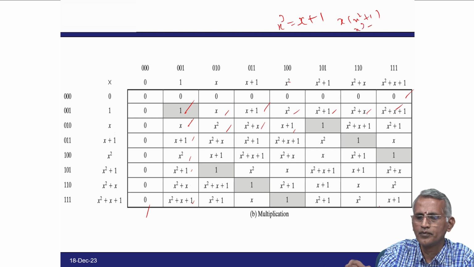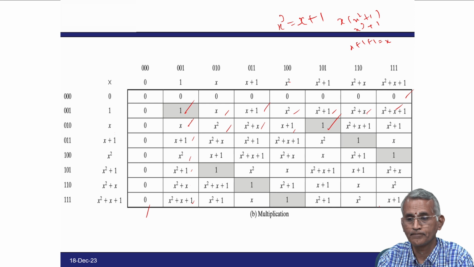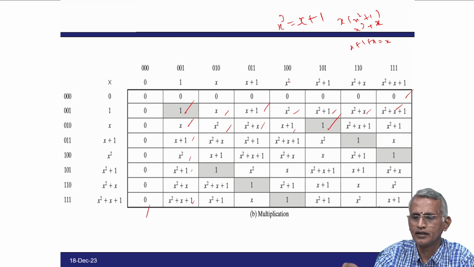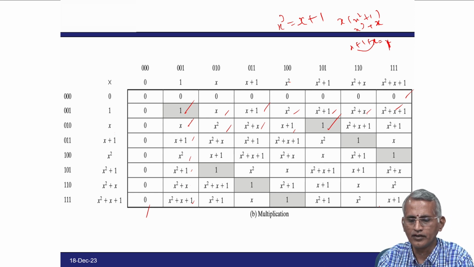So, it becomes x cube plus 1. So, x cube plus 1 is nothing but x plus 1 plus 1, which is equal to x. So, this becomes 1. Sorry, here x, and then x, 0, and then we have 1. 1 is a net value.